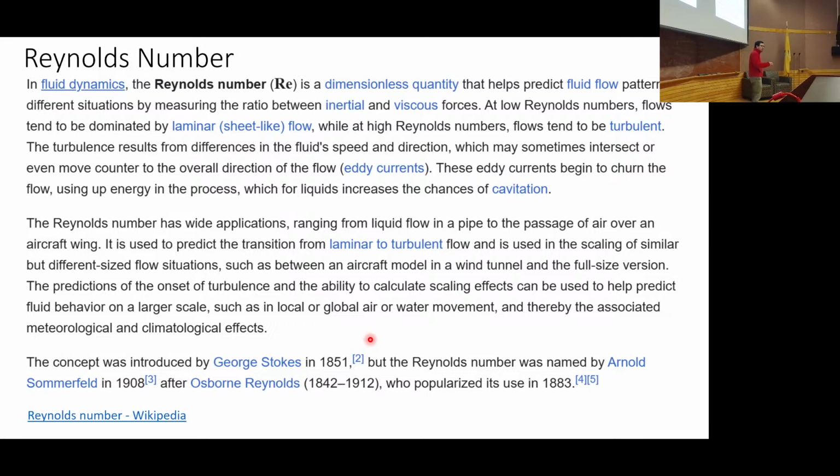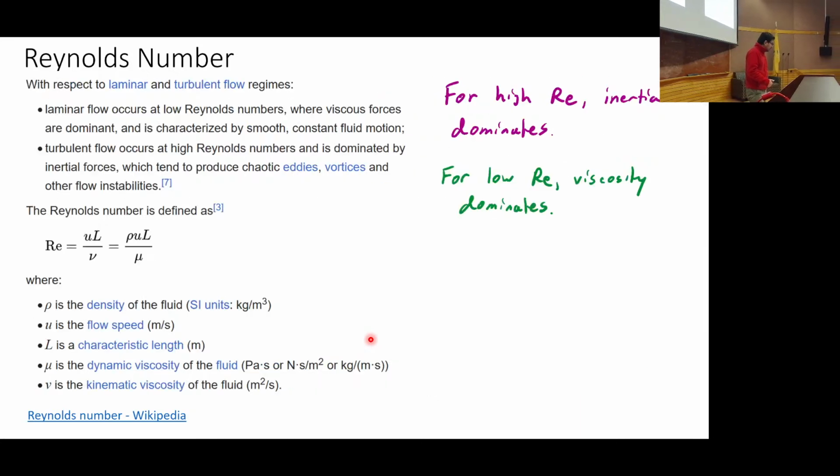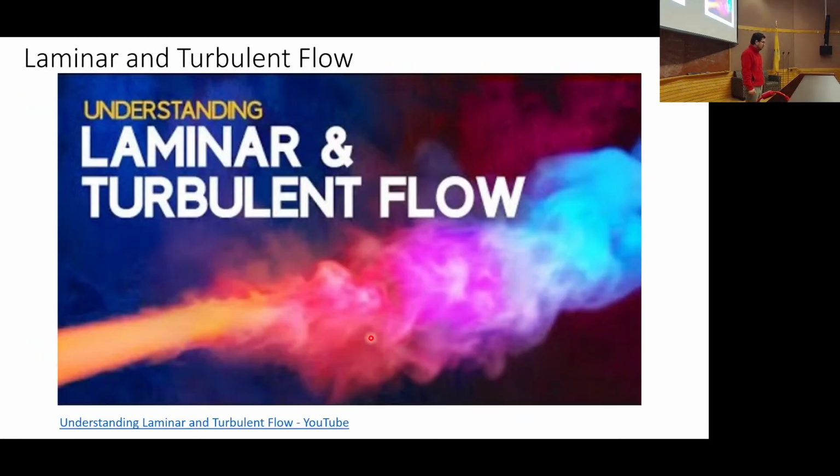And so rho and v give you some idea of what's going on with the inertia. And then viscosity is in the denominator. So yeah, it's a nice balance between the inertial forces and the viscous forces in the system. And so here you go. That's the equation, and we'll be talking about Reynolds number quite a bit as we go.